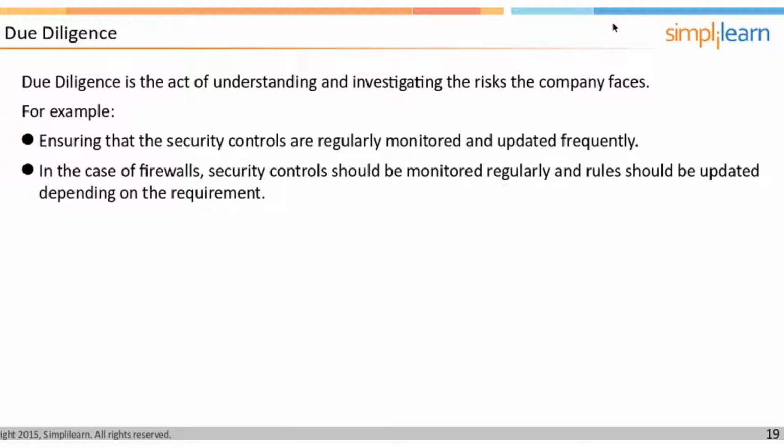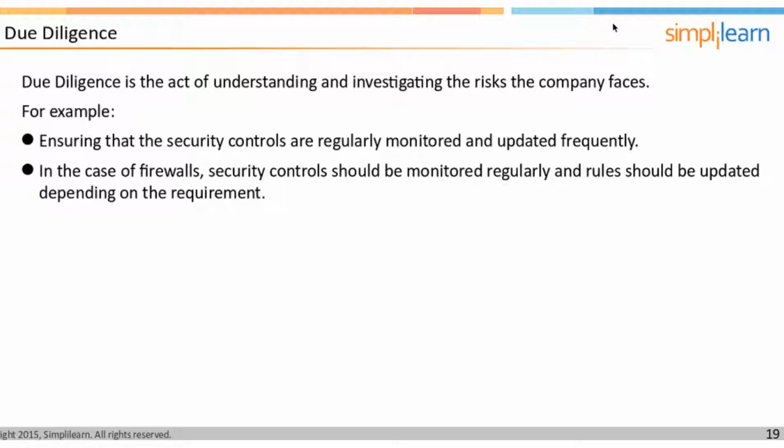Okay, so let's talk about due diligence. Due diligence means that the company has really done their investigation to figure out what the possible weaknesses and vulnerabilities are. It could include things like doing background checks of the employees, credit checks of your business partners, doing information security assessments, penetration testing of firewalls, and so on.